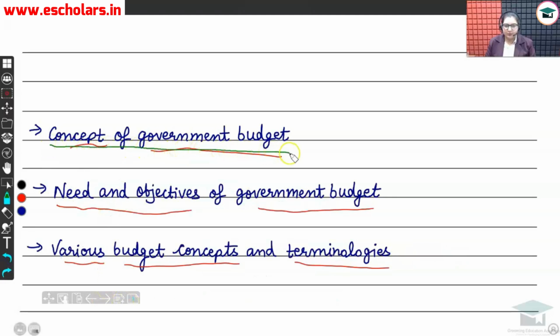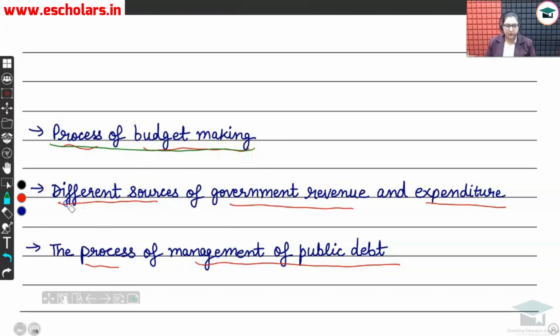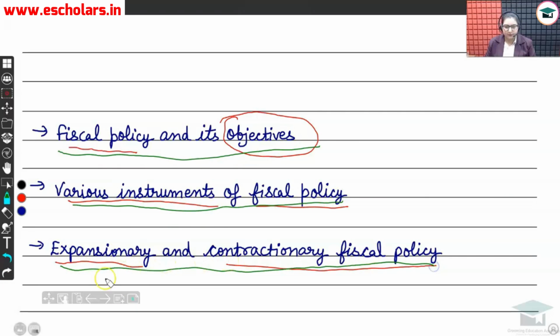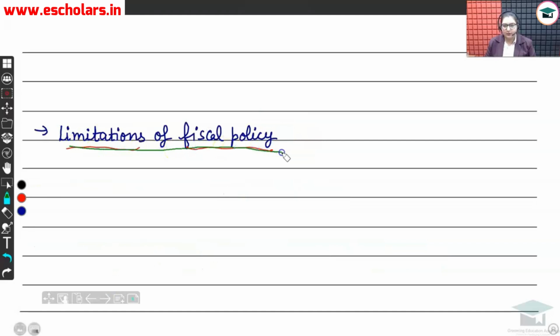Concept of government budget, need and objectives of government budget, various budget concepts and terminologies, process of budget making, different sources of government revenue and expenditure, the process of management of public debt, fiscal policy and its objectives, various instruments of fiscal policy, expansionary and contractionary fiscal policy, limitations of fiscal policy. So this is all about the overview of the chapter.